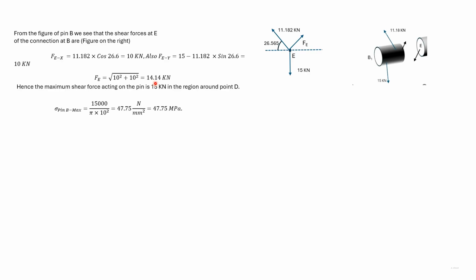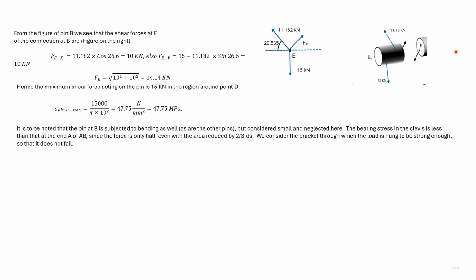Now this magnitude is less than the 15 kilonewton magnitude at point D. So the maximum stress in the pin is 15 kilonewton divided by the area, which we get as 47.75 MPa. It is to be noted that the pin is subjected to bending, but we haven't considered that.